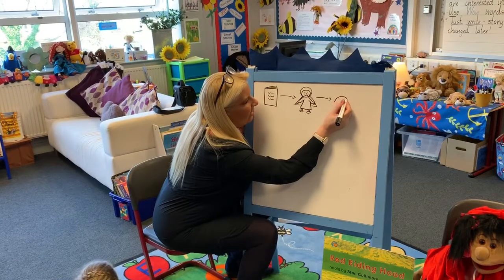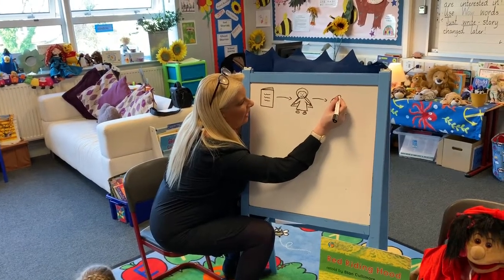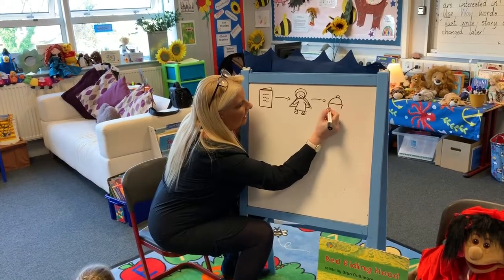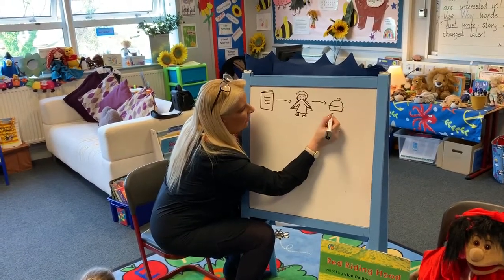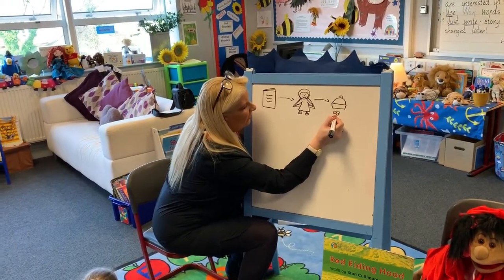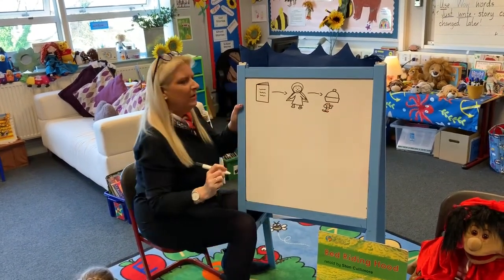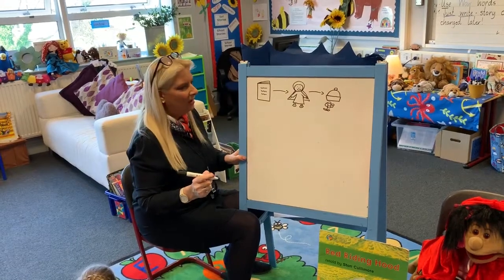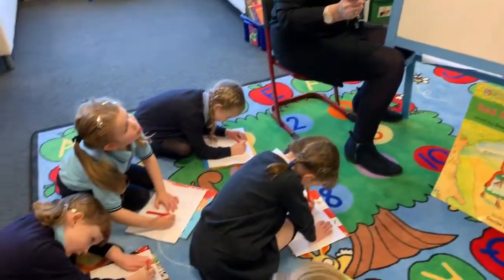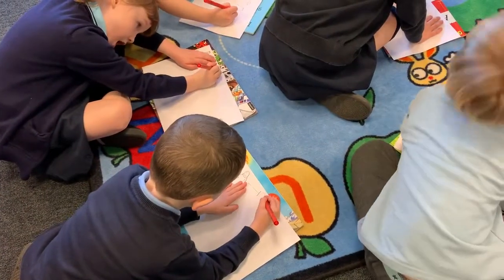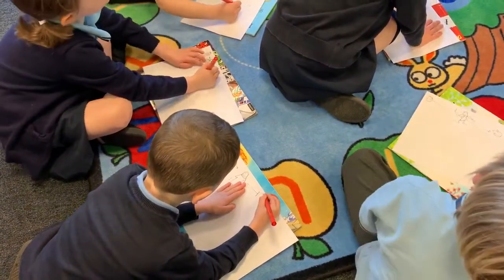See if we can draw a little cake. I'm going to put a little cherry on the top. There's a little cake. And then we've got a little flower as well. There we go. We'll just draw a little flower so we remember that that's what she was taking to her gran's. Exactly.